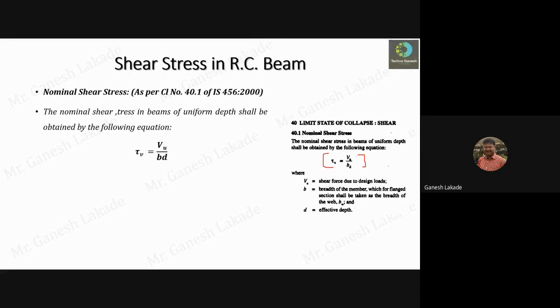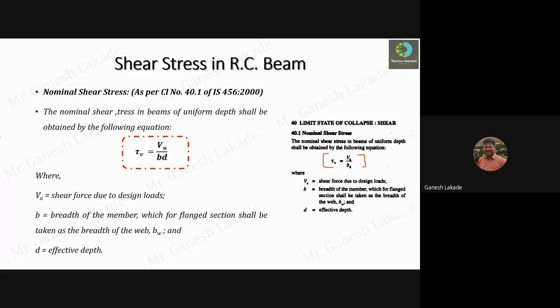So for that we must know the shear resisting capacity of the concrete section. That we'll discuss here. But before that, let us consider one more concept.